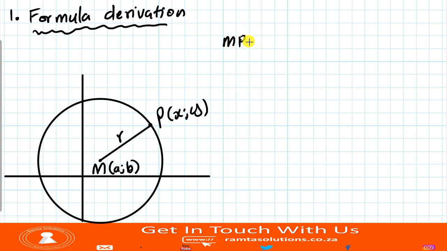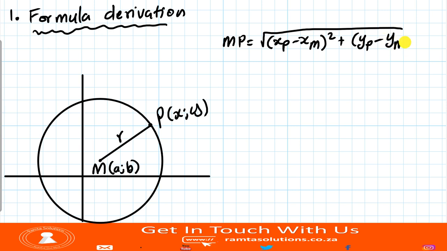Is it okay, guys, if I write it like that, using the distance formula the way that we know it? It'll be x of P minus x of M all squared plus y of P minus y of M all squared.